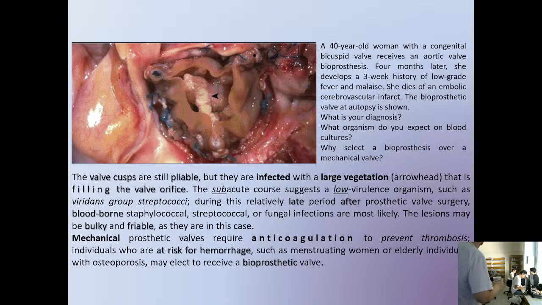Either put a mechanical valve, which necessitates anticoagulating therapy, or put a bioprosthetic valve, which, however, may become infected. These are the problems you have to deal with if you are thinking of replacing a problematic cardiac valve.